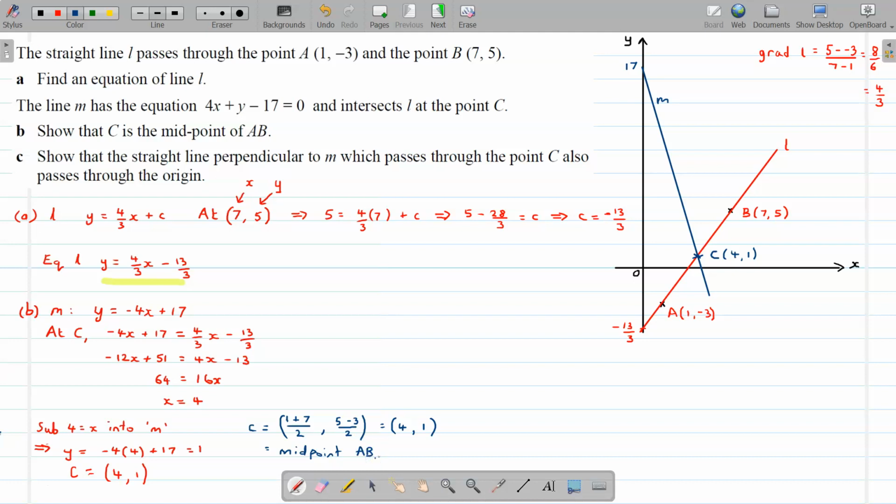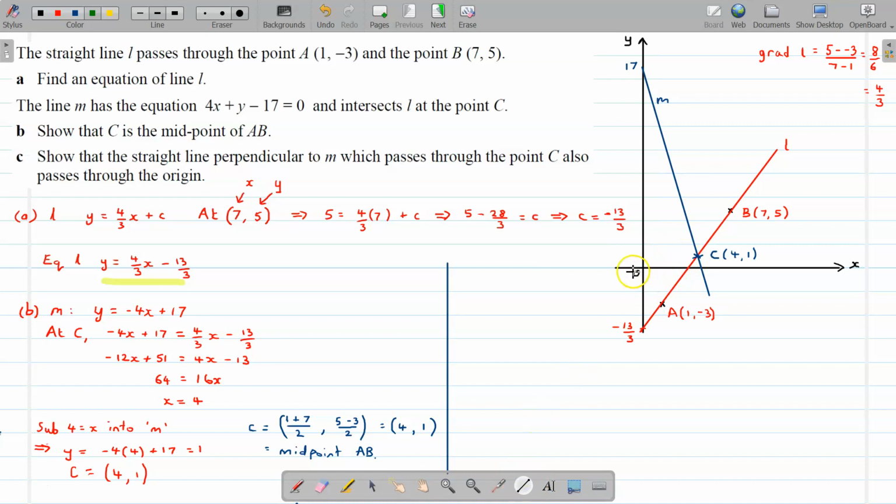Okay, now we've got one more part of the question to do, and this is part C. Part C of the question is asking us to show that the straight line perpendicular to M, which passes through the point C, also passes through the origin. So what they're saying is if I did a line at 90 degrees to M, and it goes through C, it should also go through O, the origin.